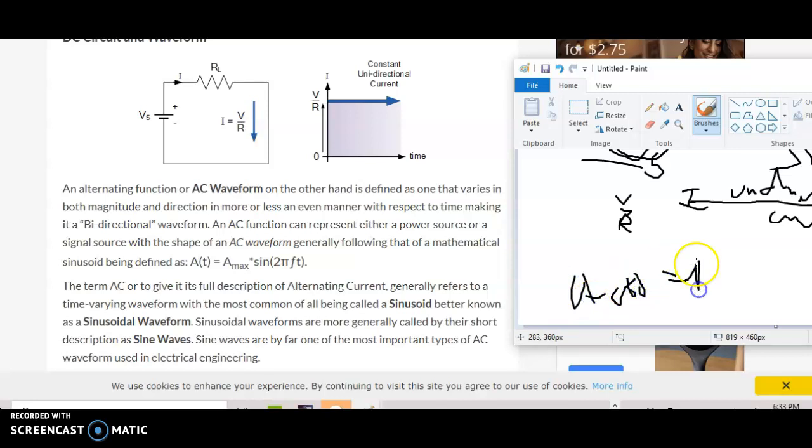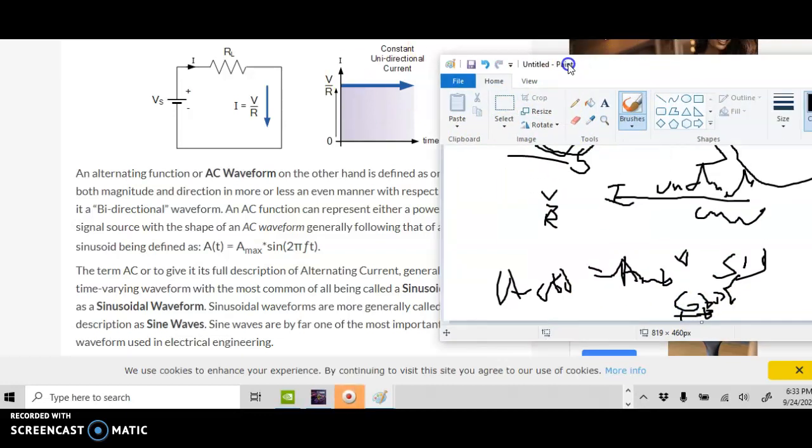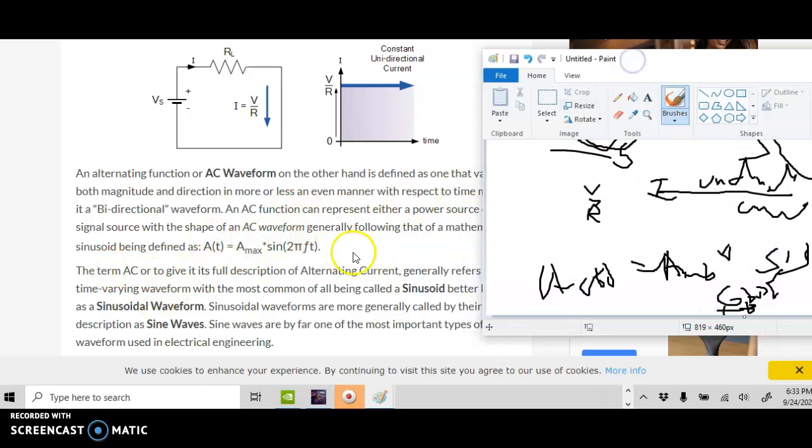A(t) equals A max times sine of 2 pi ft. So you can see this thing right here, this 2 pi ft, what it does, it takes the A, which is the current, and you multiply it by the max of it.